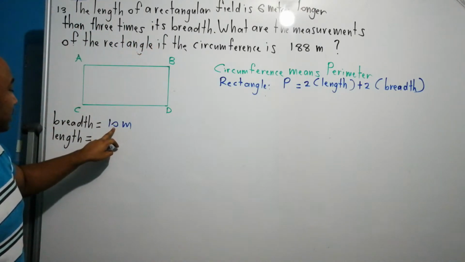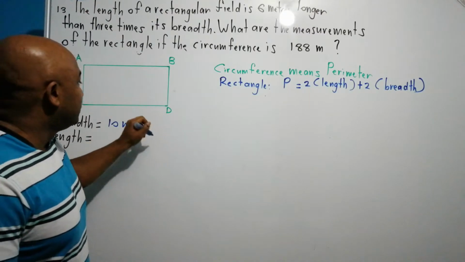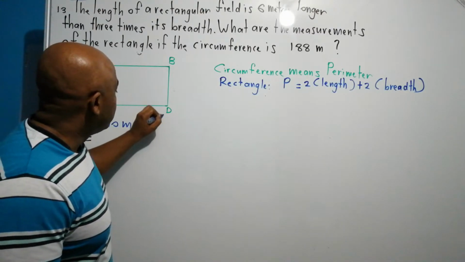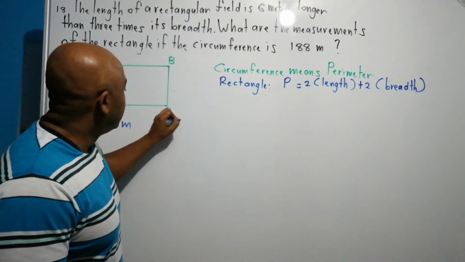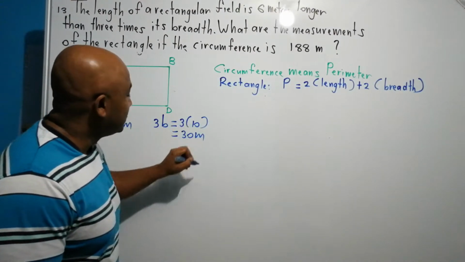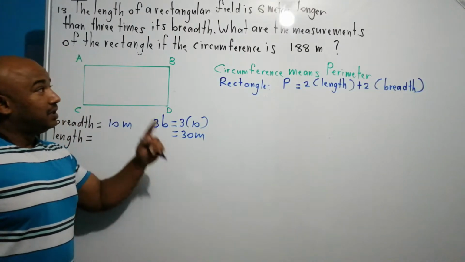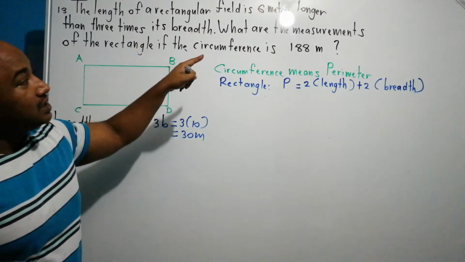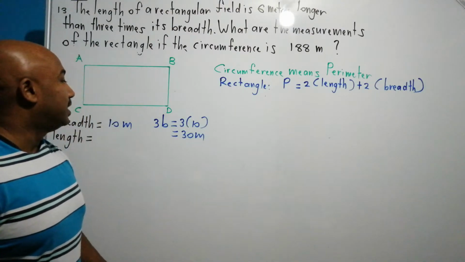So if this is the breadth, what is 3 times the breadth? 3 times 10 is equal to 30 meters. This is 3 times the breadth, but the length is 6 meters longer than 3 times the breadth.